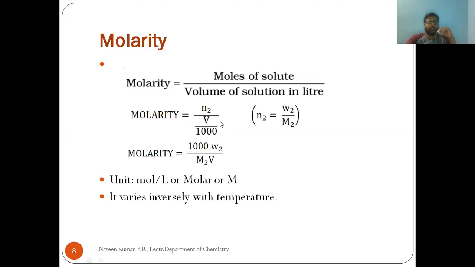If we expand the equation, N2, the number of moles of solute, will be equal to mass of solute divided by molar mass of solute. Hence molarity is equal to 1000 into mass of solute, divided by molar mass of the solute into volume of solution.